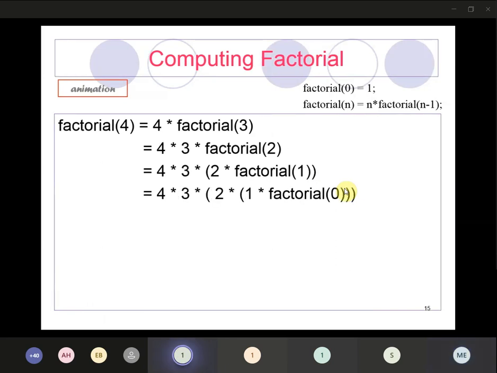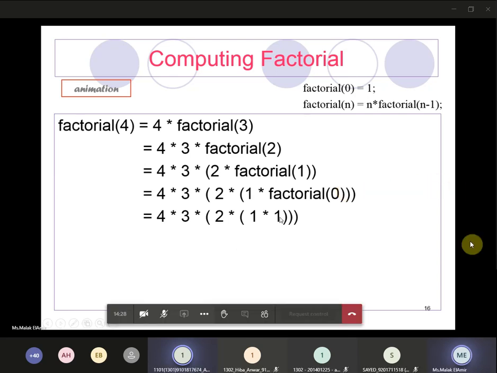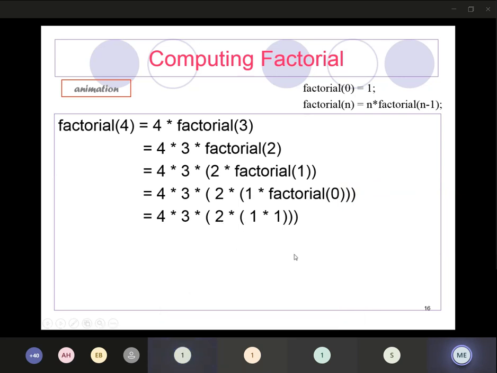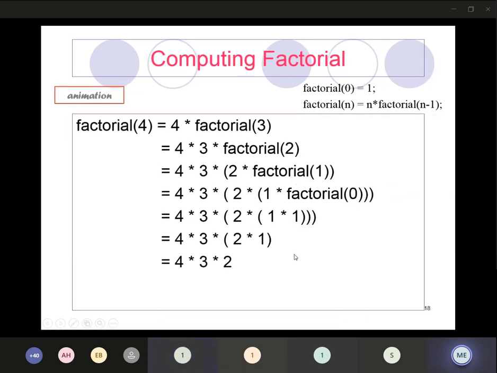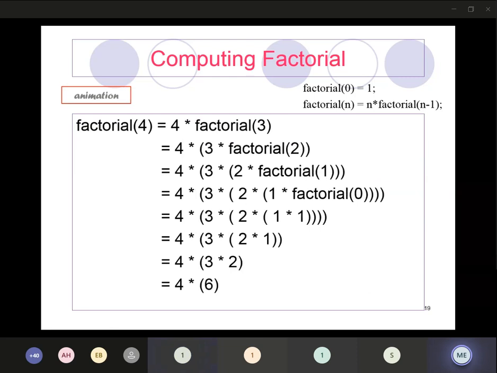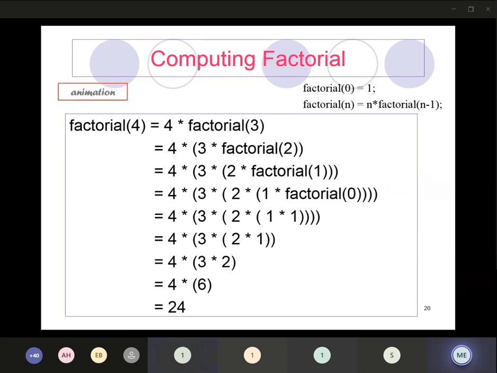Bravo. Factorial 1, it will be 1 multiplied by factorial 0. Bravo. What will be the value of factorial 0? It will be 1 and the stop. So it will be 1, and return by 2, by 3, by 4, again, and finally 24. ولو كانت factorial 5 كان كملنا.